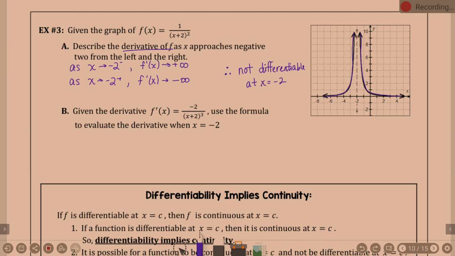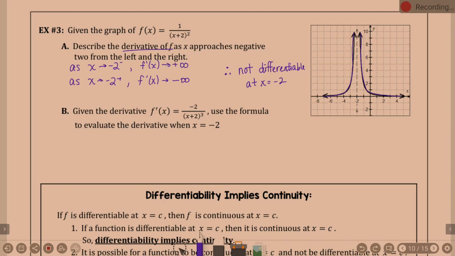Okay, now B, we're going to do this a slightly different way. This time, given the derivative, f prime of x, so they're giving us the equation of the derivative, use the formula to evaluate the derivative when x equals -2. So we just kind of tried to talk through it on the graph. Now it's going to be using the equation.